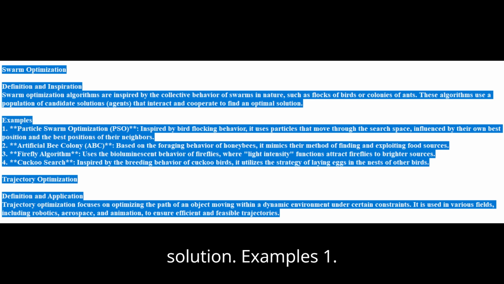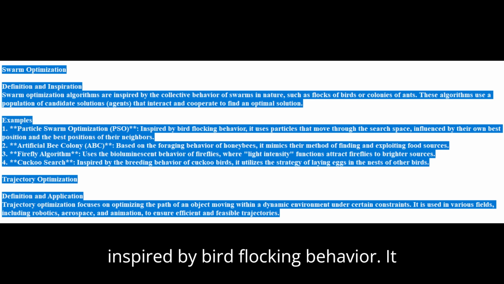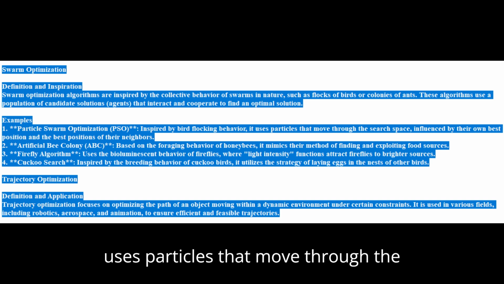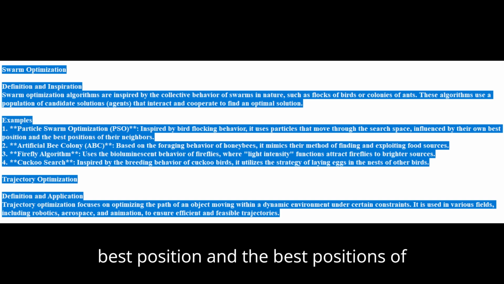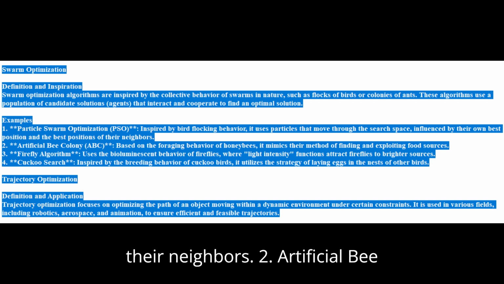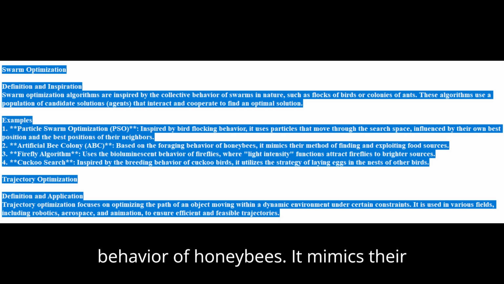Examples. 1. Particle swarm optimization, PSO, inspired by bird flocking behavior. It uses particles that move through the search space, influenced by their own best position and the best positions of their neighbors. 2. Artificial bee colony, ABC, based on the foraging behavior of honeybees.